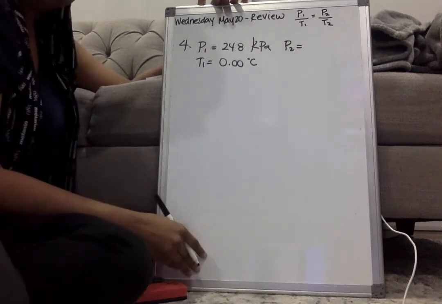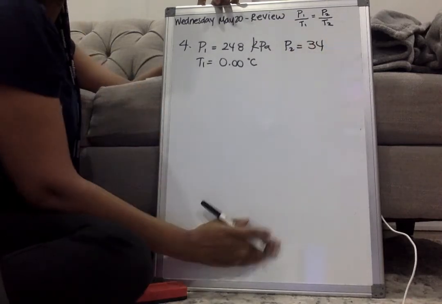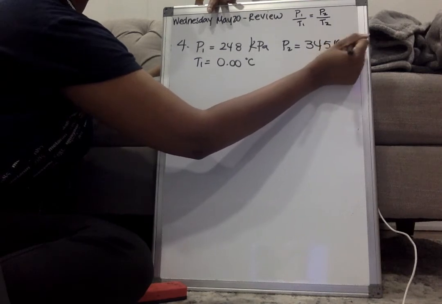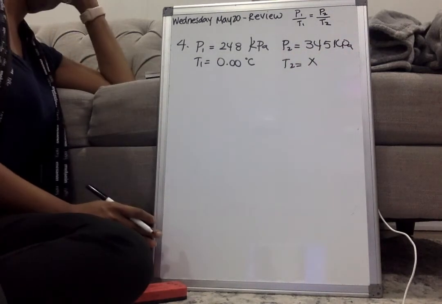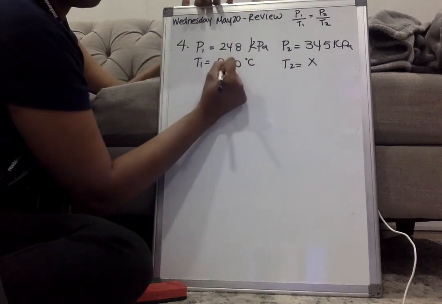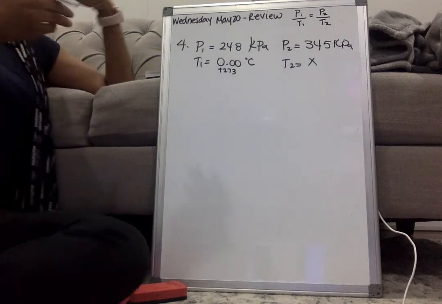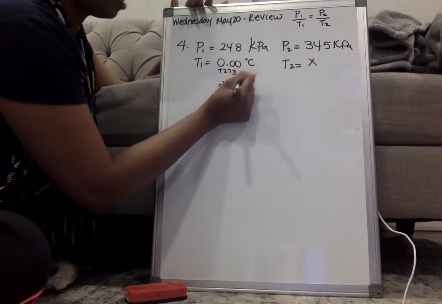Now the second pressure will be 345 kilopascals. And now they want to know what temperature that will be at. So we have to add 273 because we cannot have 0; if you put 0, your answer is going to be 0. So T1 is going to be 273 Kelvin.